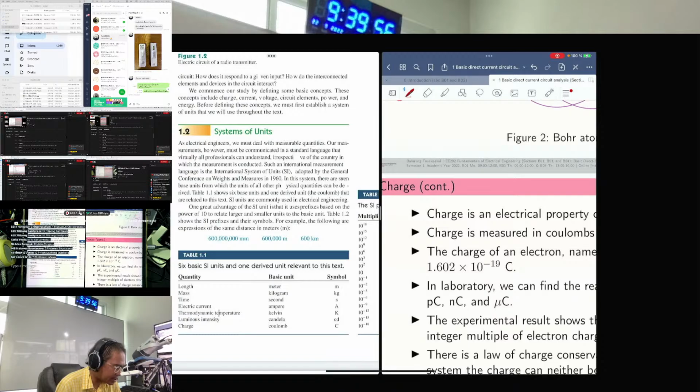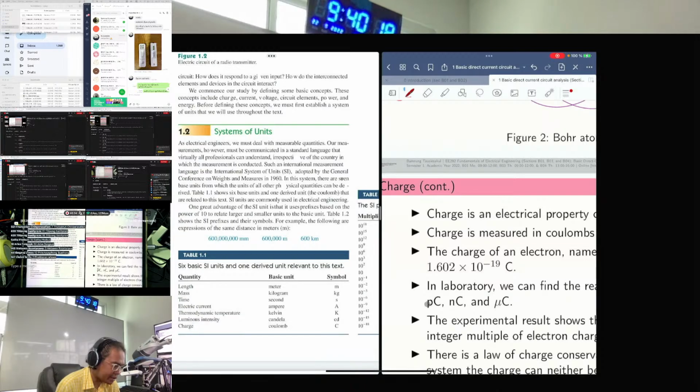Or the thermodynamic temperature in Kelvin, or even in illumination engineering, light luminous intensity in candela, you can say millicandela, okay. And here for us the chart, okay, which is coulomb.